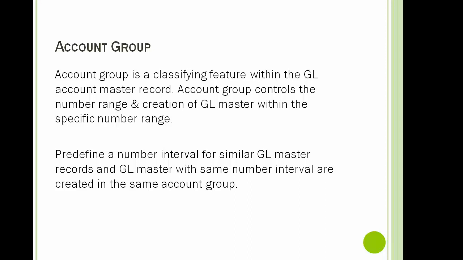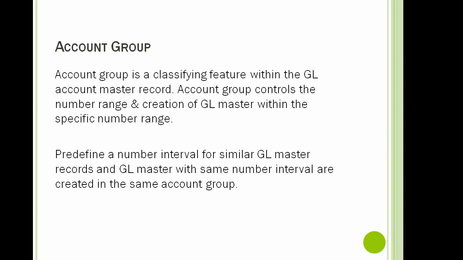That means if you create these groups, their numbering, their GL number range, should be the same in the same sequence. So that is what is created with the help of account group. Account group basically controls the number range and creation of GL master.